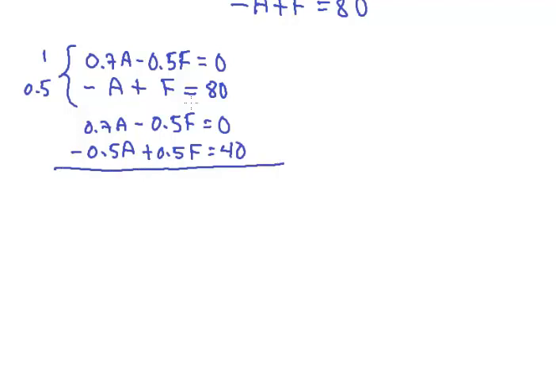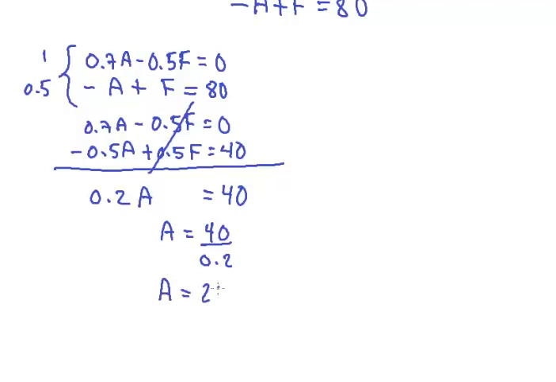I draw a line, F gets cancelled. 0.7 minus 0.5 will give me 0.2 A equals 0 and 40. Well, that will give me 40. And I pass the 0.2 to divide. So A equals 40 divided by 0.2. Dividing by 0.2 is the same as multiplying by 5. So the answer will be 200.